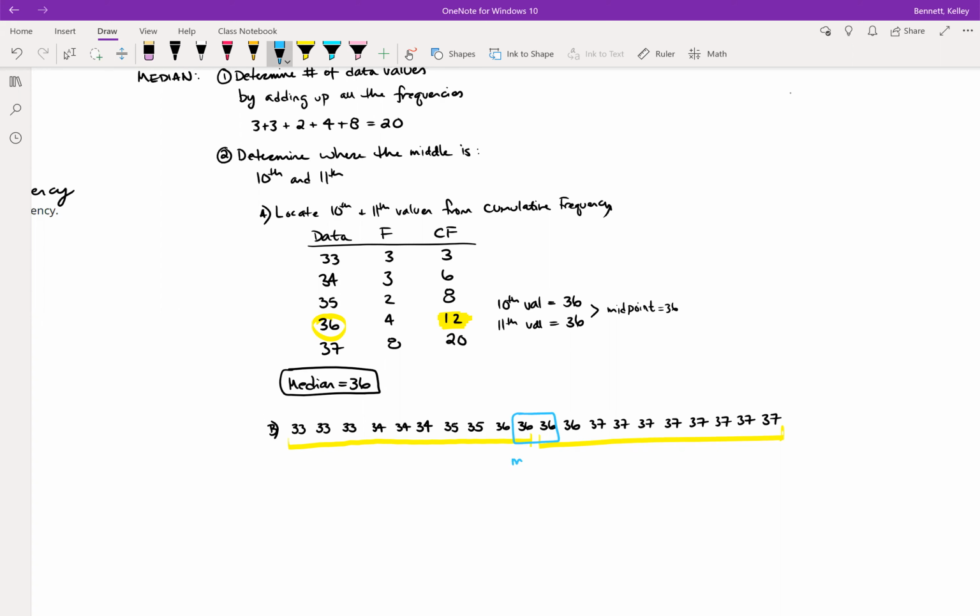So then the midpoint of 36 and 36, obviously it's 36. You could also do it the way we always compute the midpoint, adding them up and dividing by 2, but you'll still get 36. So here we also see that the median is 36.